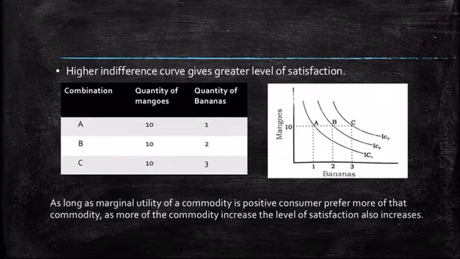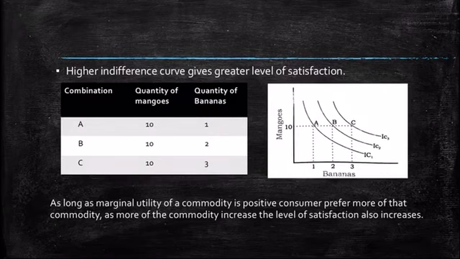As long as the marginal utility of a good is positive, an individual always prefers more of that good. If you observe this table, the consumer is ready to gain more and more bananas only when the marginal utility of these bananas remains positive.